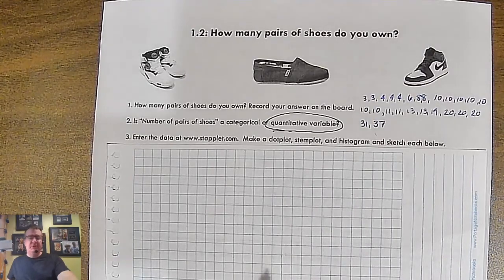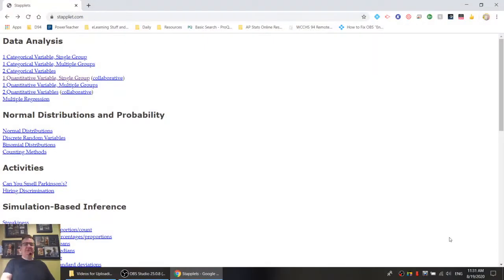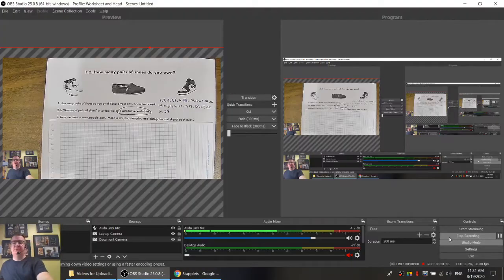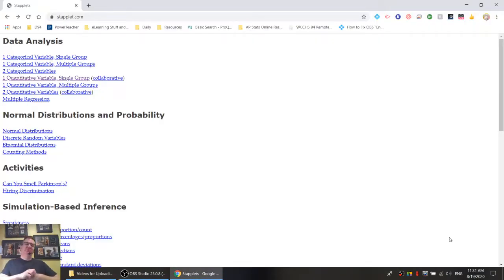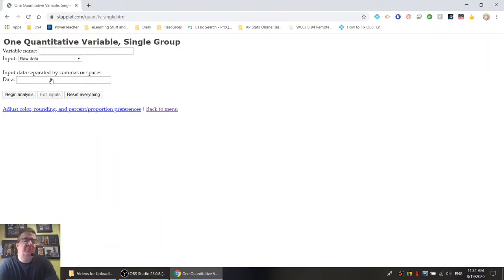So the first thing we're going to do is go back to StatPlot. So just make sure that gets transitioned over. Beautiful. Still learning OBS. So we're going to say we have a single quantitative variable, and we've got pairs of shoes.